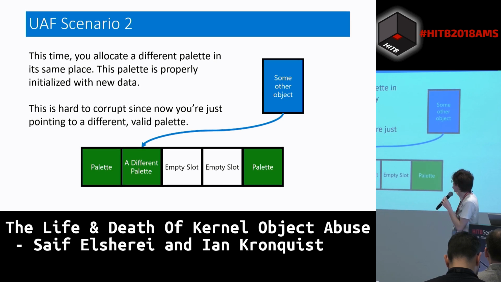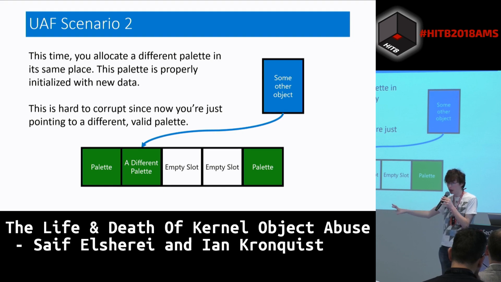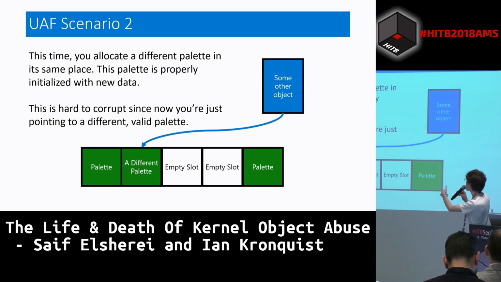And you can't make an exploit out of this, because all the palette code's going to look at it and go, yep, this is a valid palette. These are valid sizes and offsets and pointers, which point to real data, and they're not the hex 4141, which Saif stuffed in there.